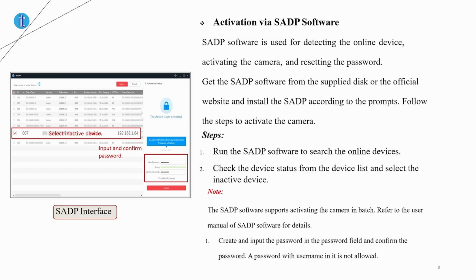Note: the SADP software supports activating cameras in batches. That is to say, instead of going through the web to activate your cameras one after the other, SADP allows you to activate the cameras in batches.